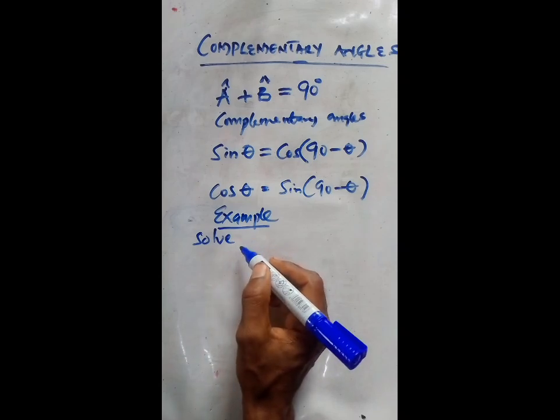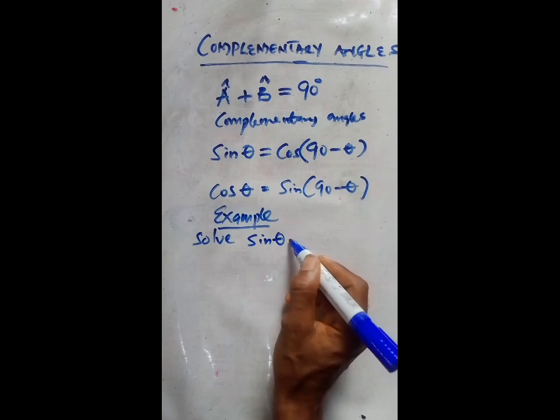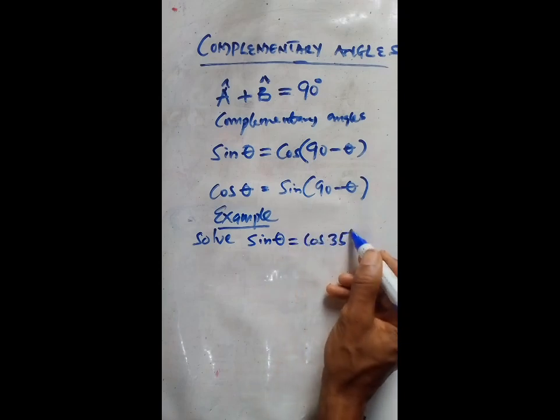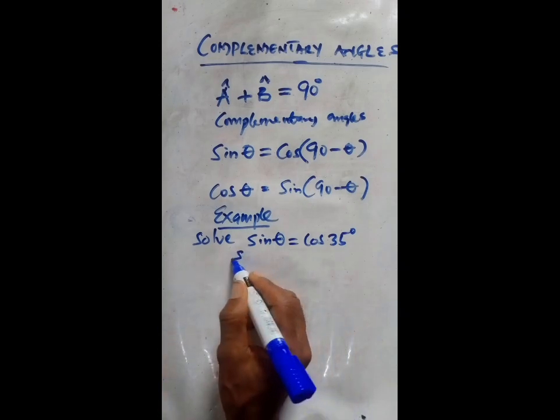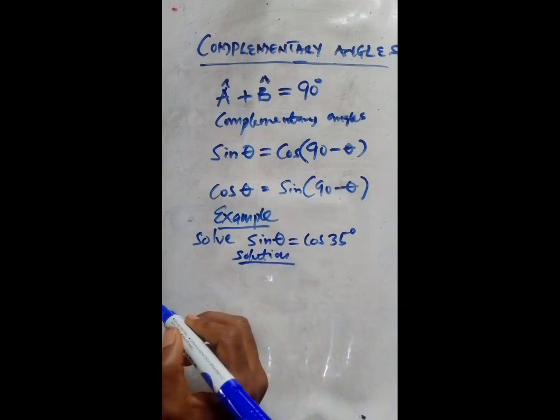So solve sine theta equals cos 35 degrees. Now, which identity can we use above? Solution.